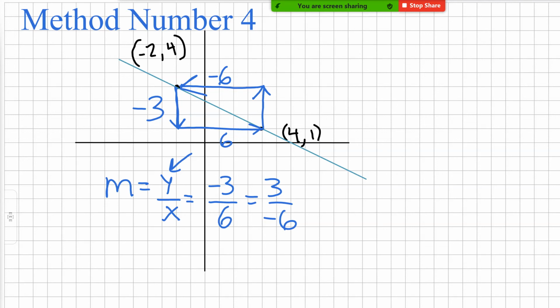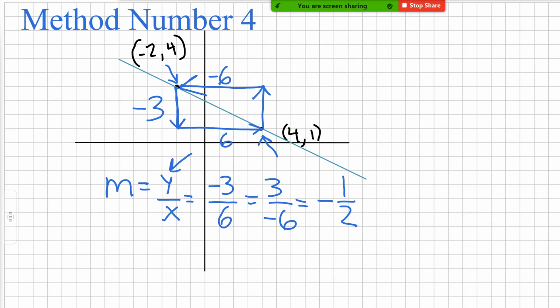Me personally, I read right to left, so I started at the right and I moved to the left. But it doesn't matter because math is a relationship. And when I simplify this fraction, it simplifies to negative 1/2. The slope is negative 1/2.